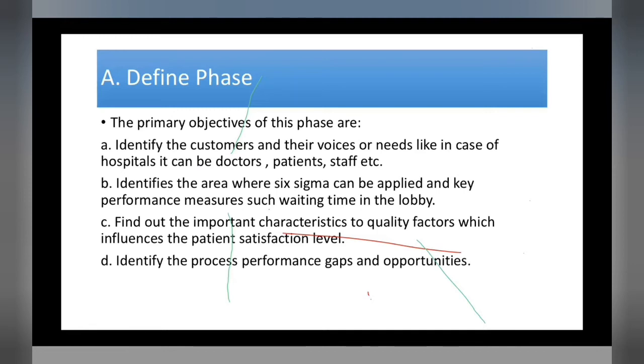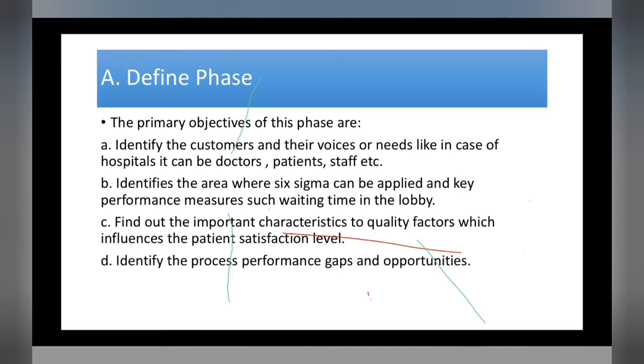Suppose your customers, doctors and patients, are saying we are getting reports very late, and suppose you have defined turnaround time in a hospital setup as 4 hours.